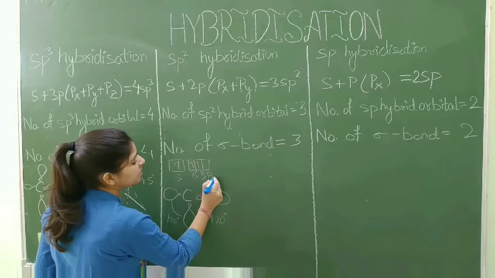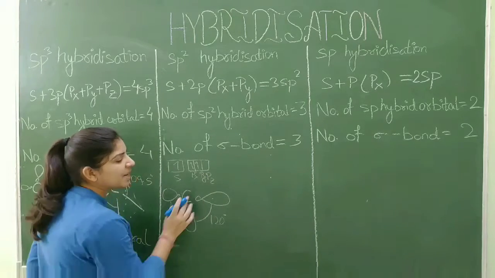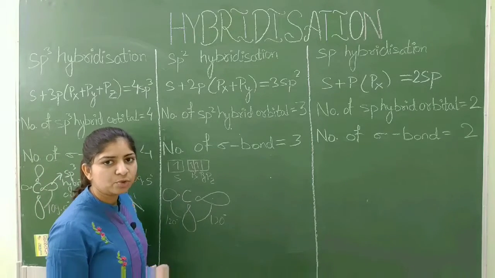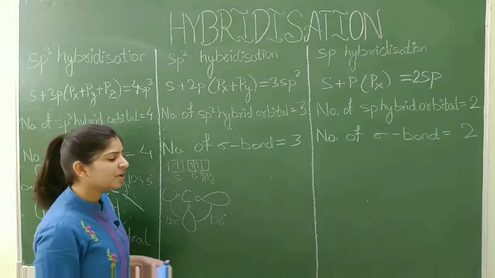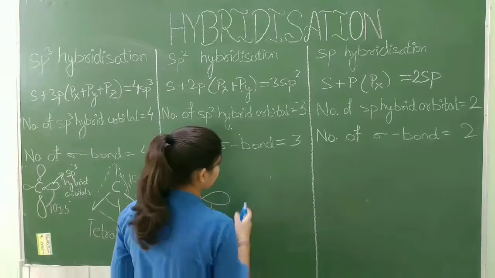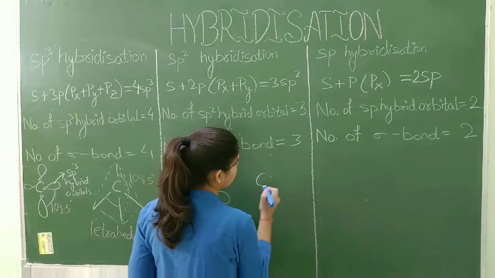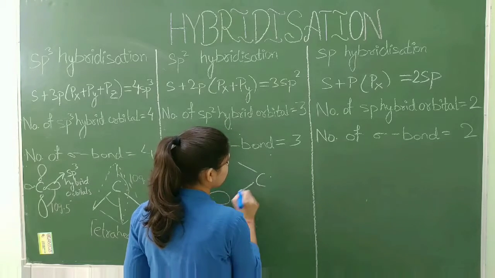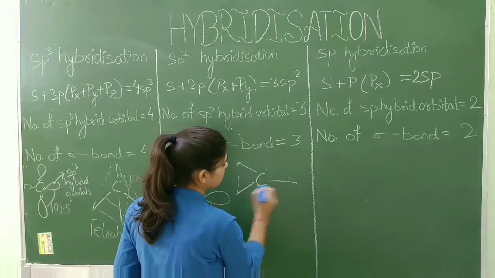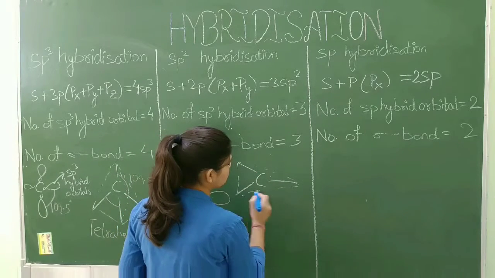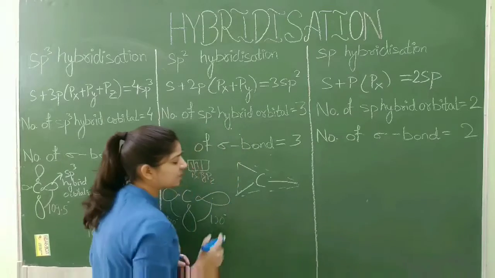And pz is vacant, so it is perpendicular to the sp2 plane. Okay. Now let us discuss the geometry. Carbon, this is geometry of sp2 hybridization.